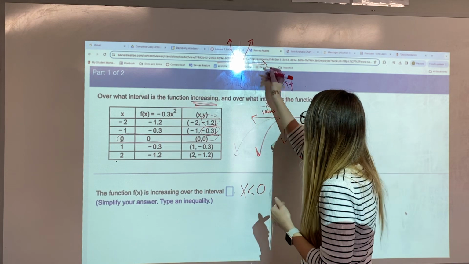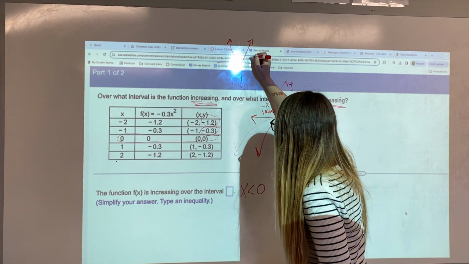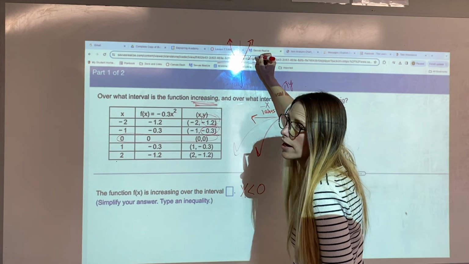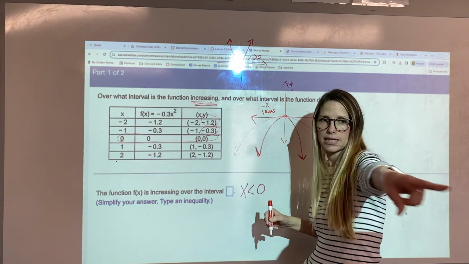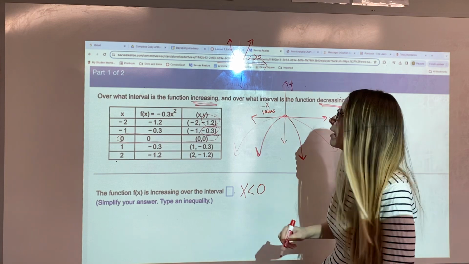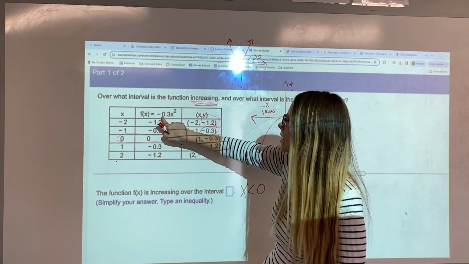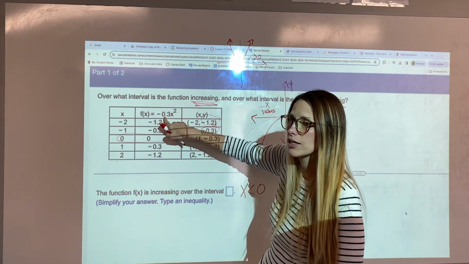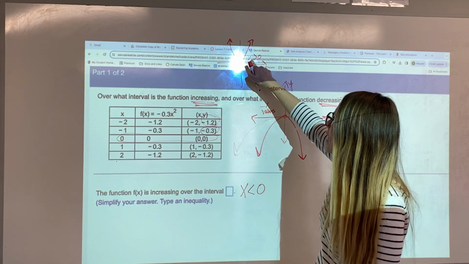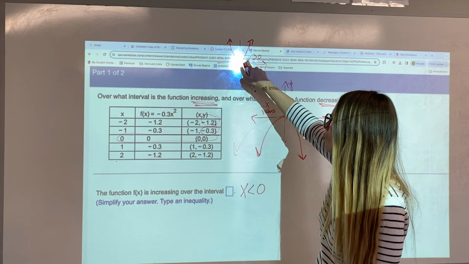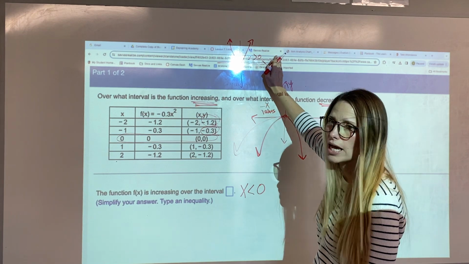So your interval would be x is greater than 0. If the leading coefficient is positive, then it's increasing when x is greater than 0, over the positive side of the x-axis.